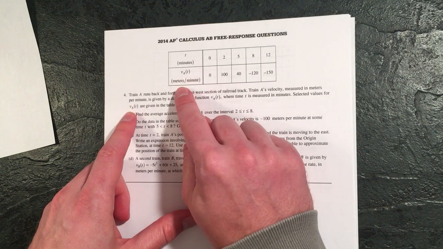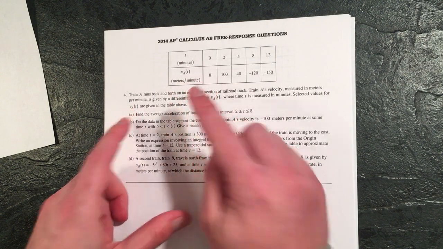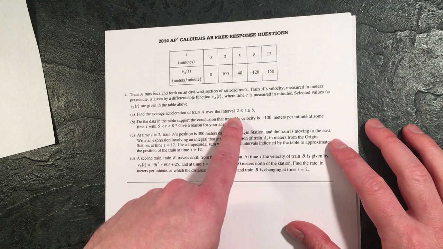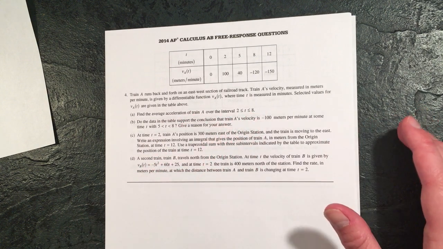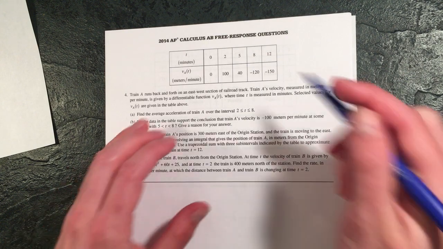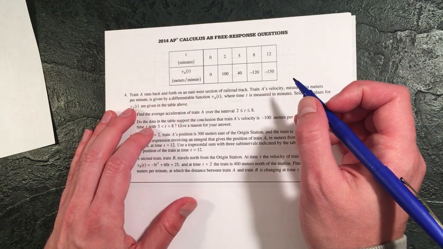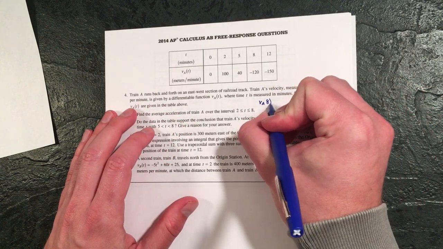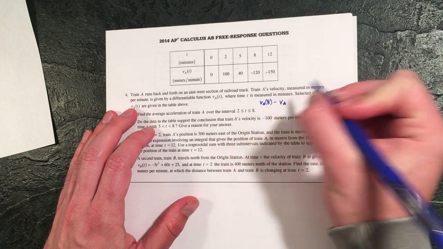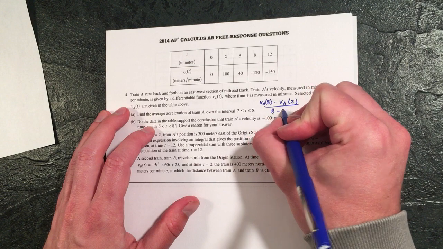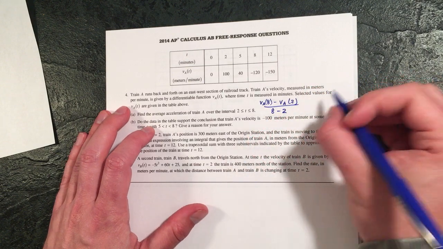And I guess this is the average speed of some train A. It says find the average acceleration of the train over the interval from 2 to 8. So the average of anything is subtract it, divide by the difference. So we're looking for v_A of 8 minus the velocity of A at 2, all over 8 minus 2.